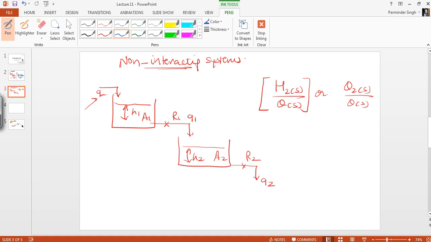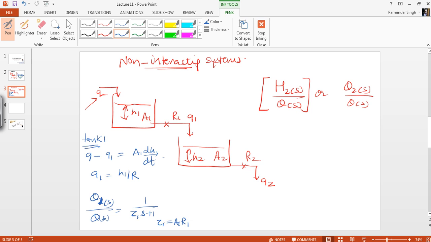Okay, now for tank 1, we're going to write the balance: Q minus Q1 is equal to A1 dh1/dt, and we know that Q1 is nothing but h1 by R1, which we did for a single tank system. So Q1(s)/Q(s) will be nothing but 1 upon tau1 s plus 1, where tau1 is nothing but A1 R1.